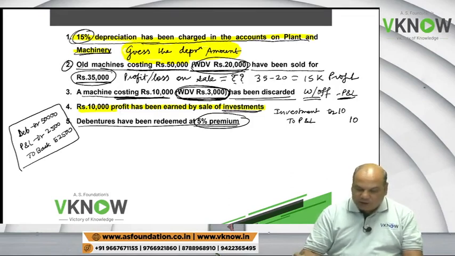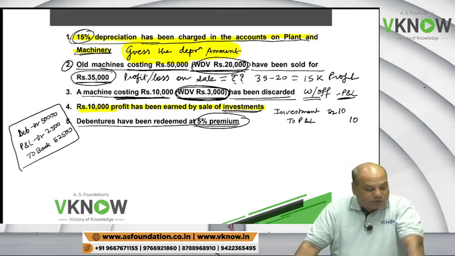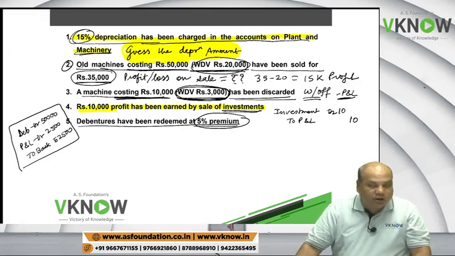This will be the final effect. There are two ways premium can be adjusted. Premium can be adjusted in general reserve or premium can be adjusted in P&L account.